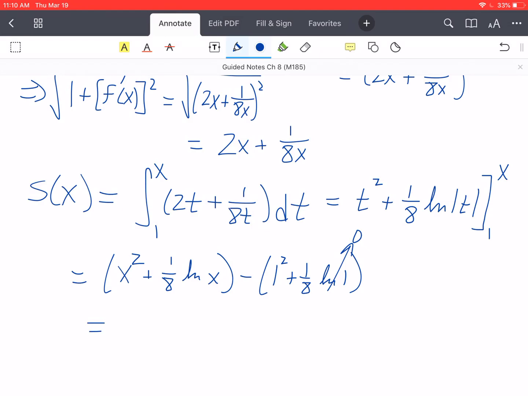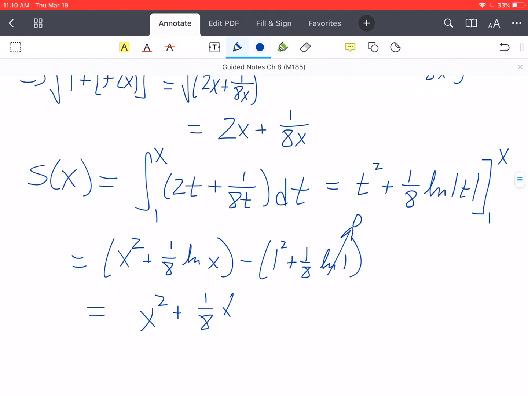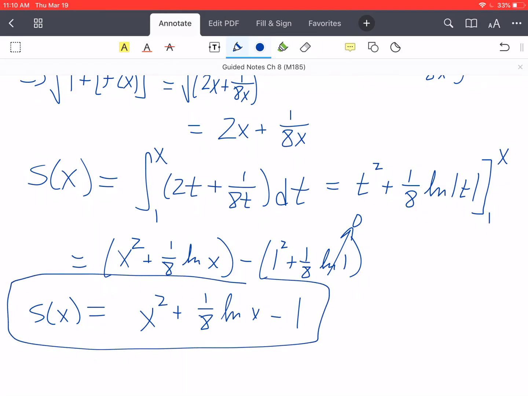So we end up getting x squared plus 1/8 ln of x minus 1. And that is our formula for arc length for this function.